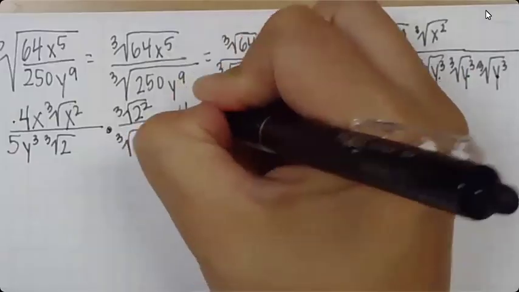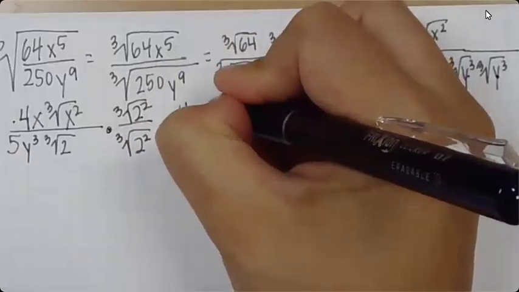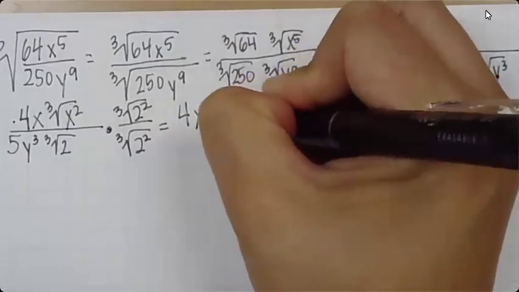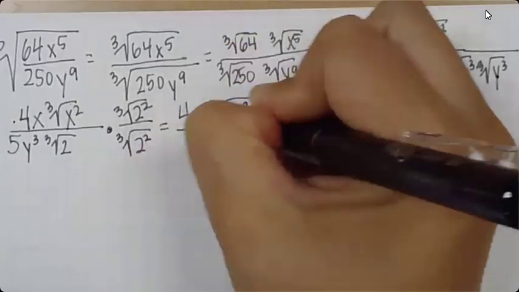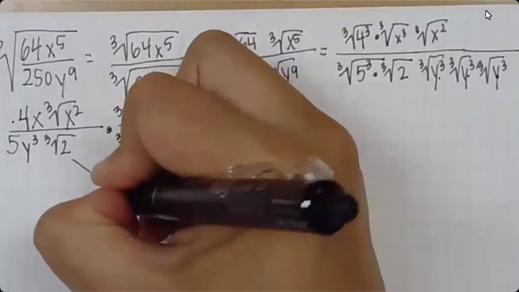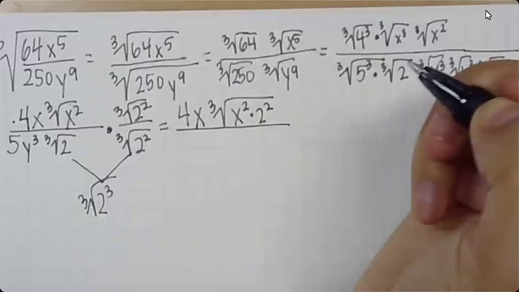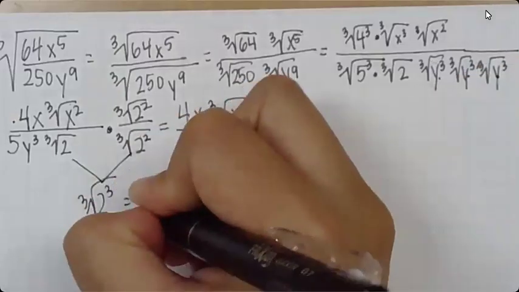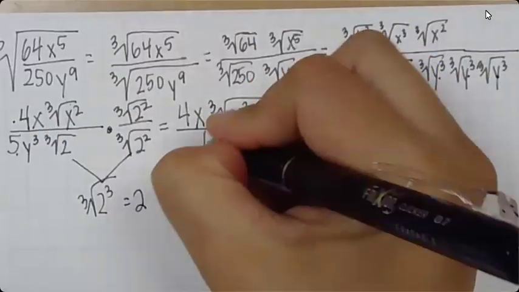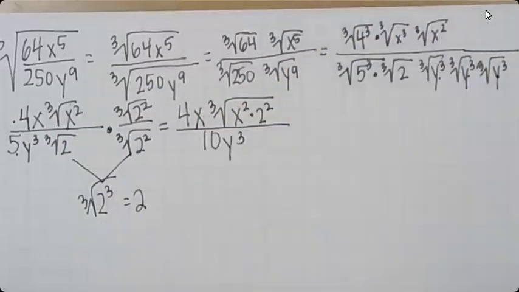So this is 4x times the cube root of x squared times 2 squared, all over, this is now making 2 cubed. So I can take out the 2. Now I'm left with 2 times a 5, which is a 10y cubed.